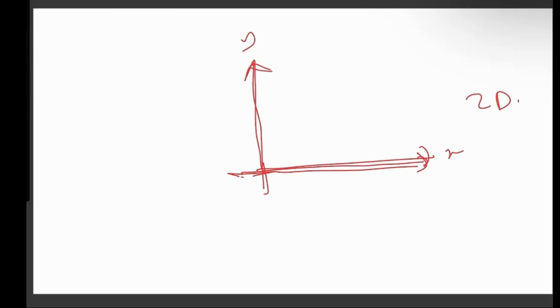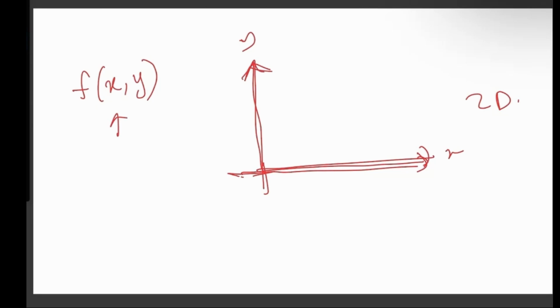Let's say we have two graphs, so maybe you have a function of x and also a function of y, which means there are two axes.